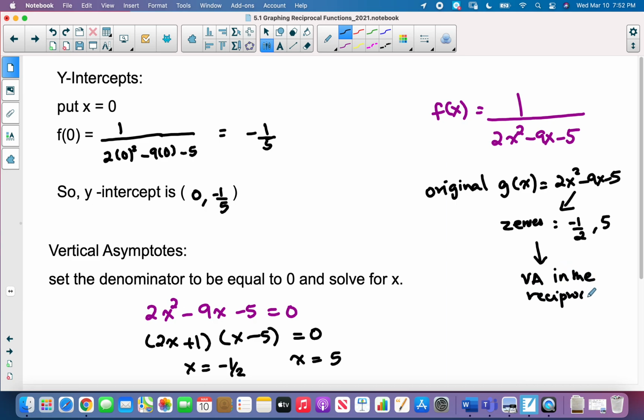So once we set the denominator equal to 0 and find the two zeros, the vertical asymptotes are x equals negative 1 half and x equals 5.